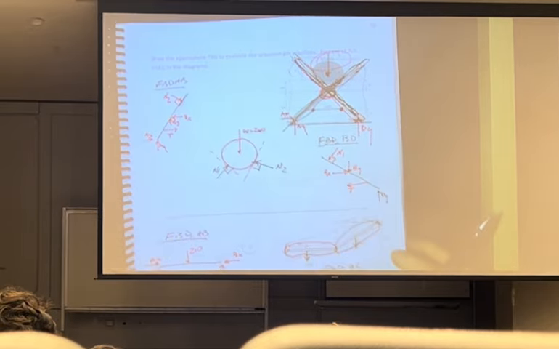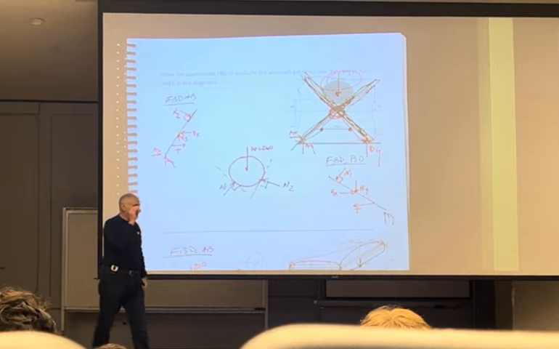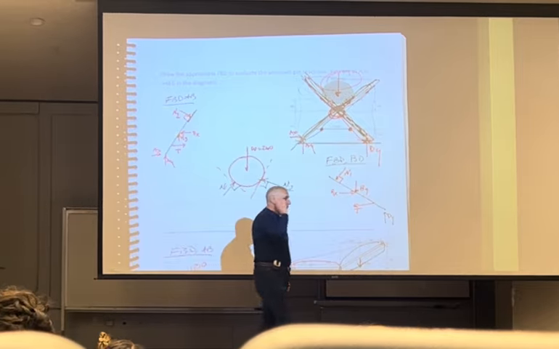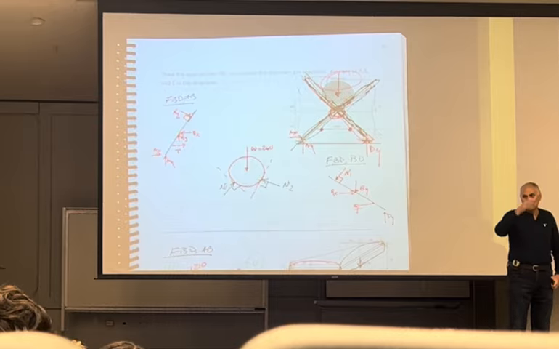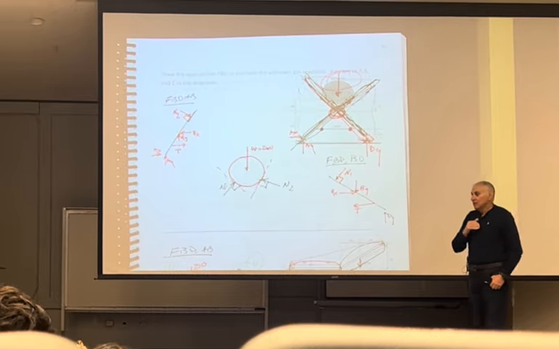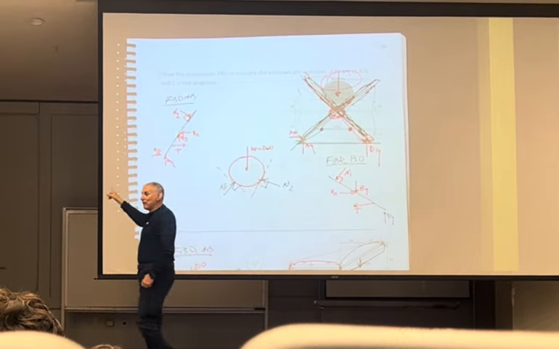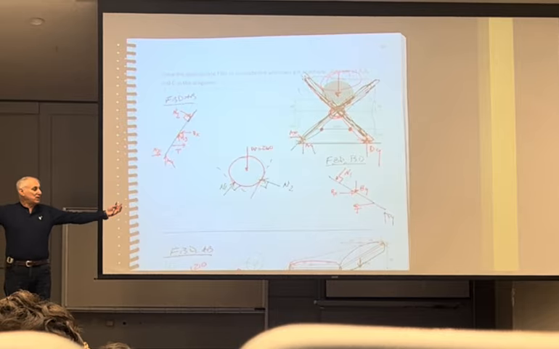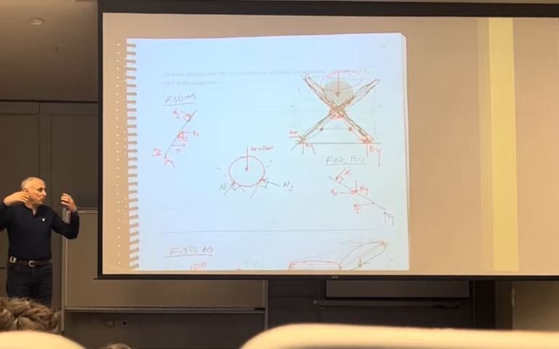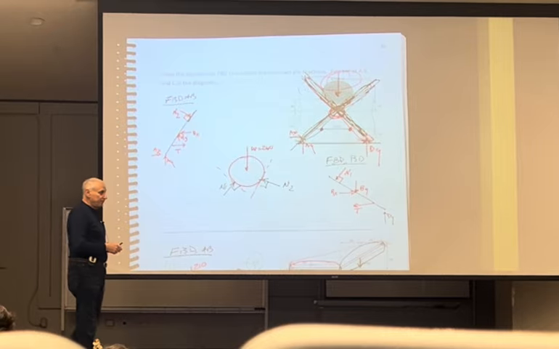Now, all I'm doing here is foreshadowing what is to come in chapter 6. It is in chapter 6 that we are going to do frames and machines. This is exactly how we're going to tackle a frame problem. We're going to dismember it into its pieces. It could be 2 pieces, it could be 3 pieces, it could be 4 pieces, whatever.